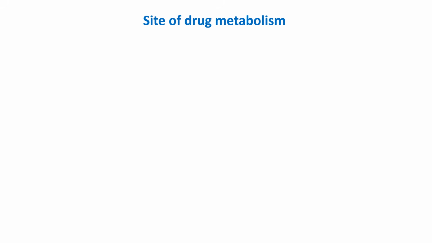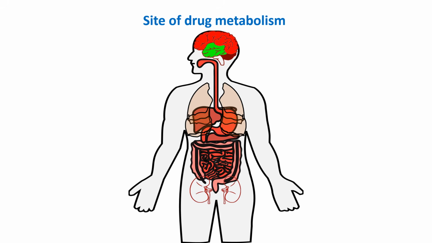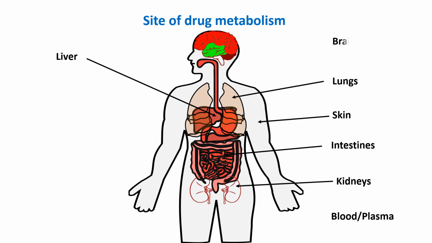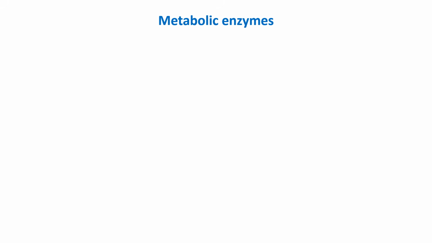The major site of drug metabolism is the liver. Secondary organs of biotransformation include the kidneys, lungs, intestines, skin, plasma, and nervous tissue or the brain. Two classes of enzymes are involved in biotransformation of drugs. These are microsomal and non-microsomal enzymes.